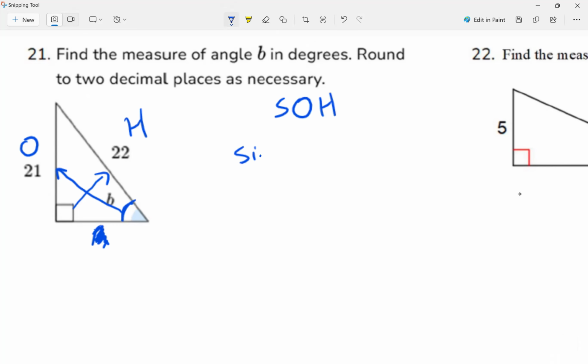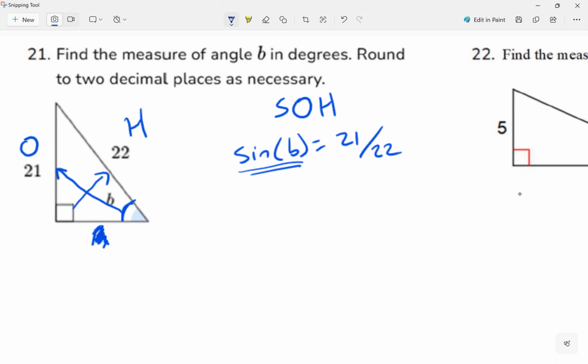So I'm going to say sine of B is equal to 21 over 22. If I multiply by the denominator, I get 22 times sine of B, but my problem here is that my letter is part of the whole ratio, sine.